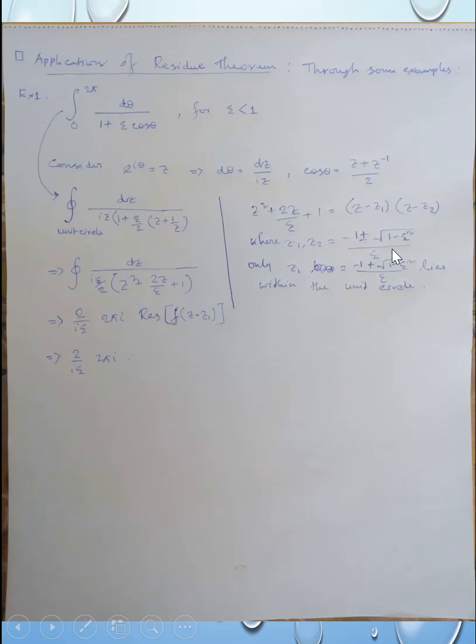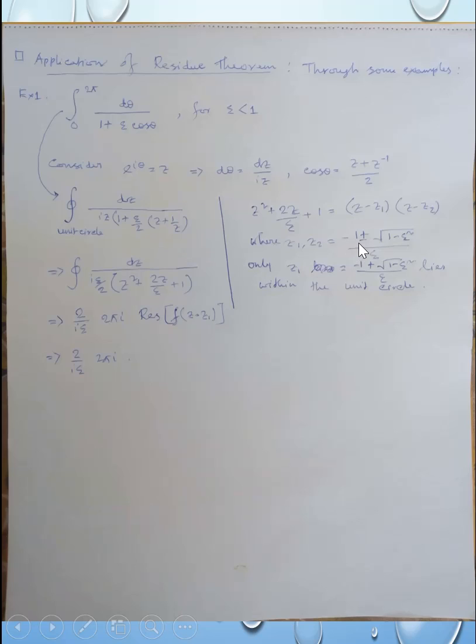Now you have to be careful about the roots because you have considered a unit circle contour. Here you can see you have considered z equals exponential i theta, right? So here r equals 1, so you have considered a unit circle contour.